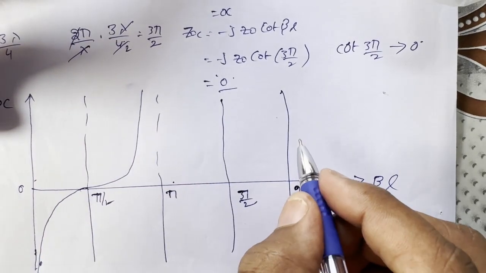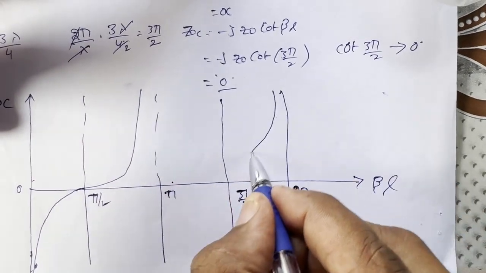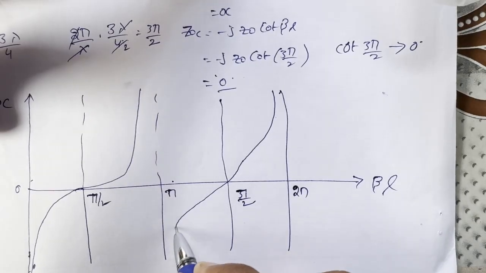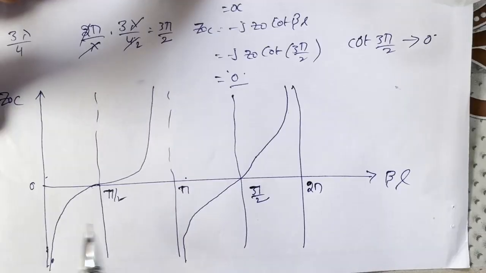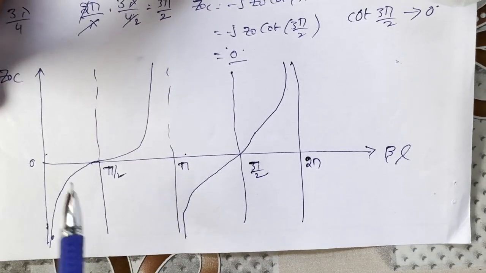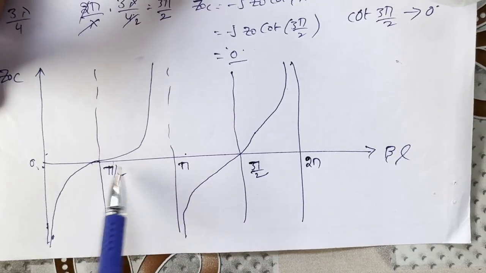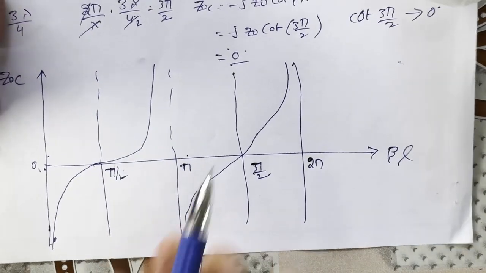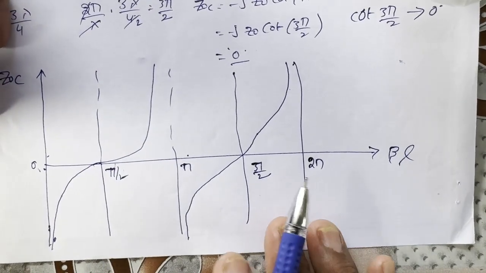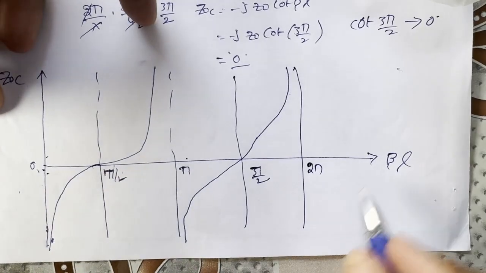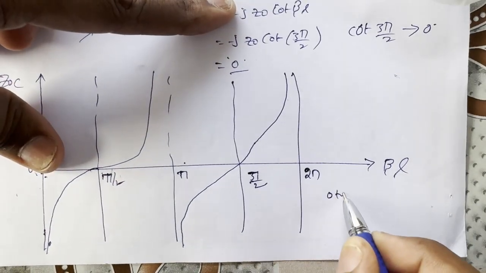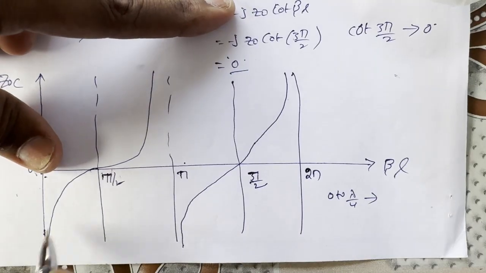It becomes like this, and again like this. Between 0 to pi by 2, that means 0 to lambda by 4, there are negative values.